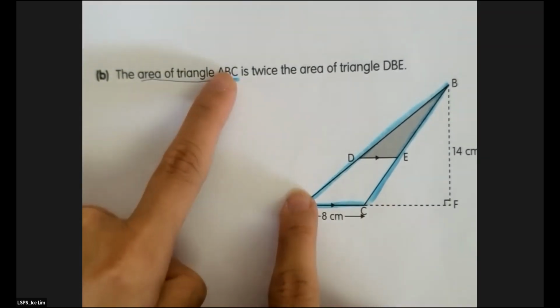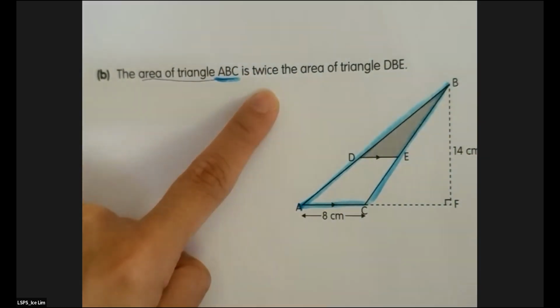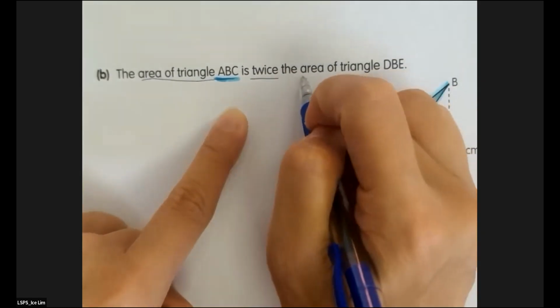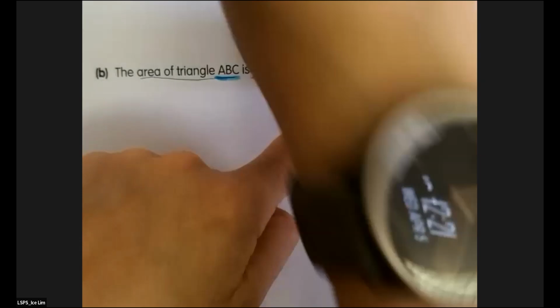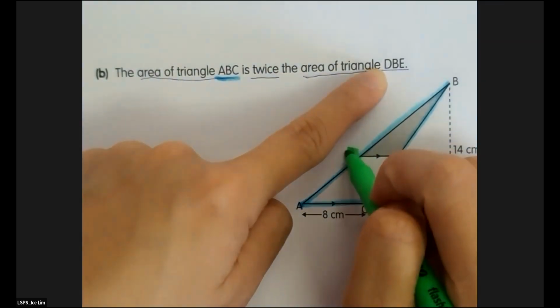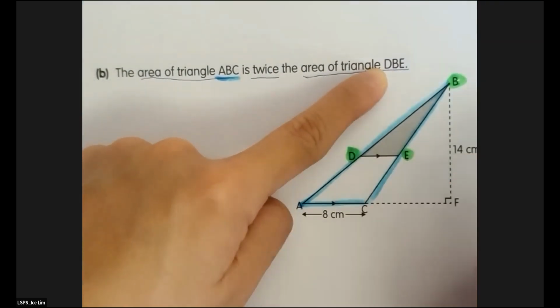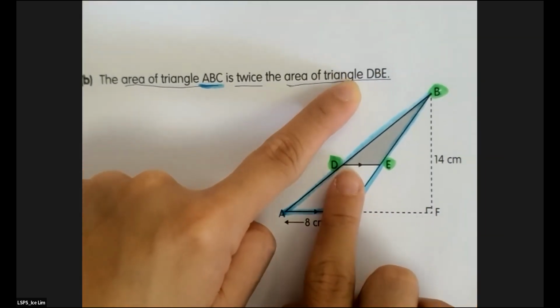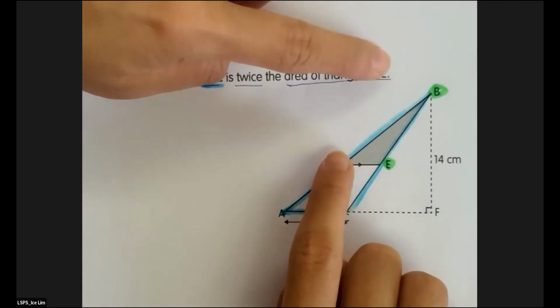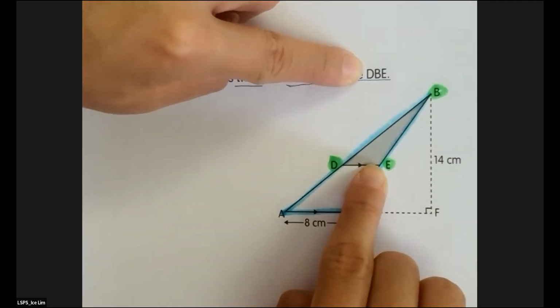This big triangle ABC, its area is twice the area of triangle DBE. If I don't know what DBE is, I know this is D, this is B, this is E. DBE. Triangle DBE.